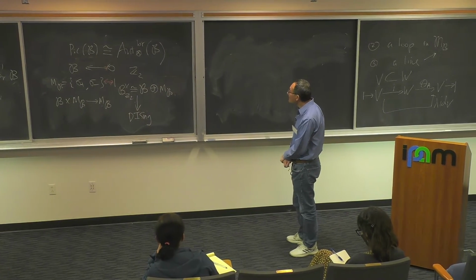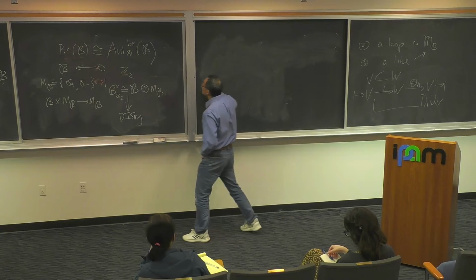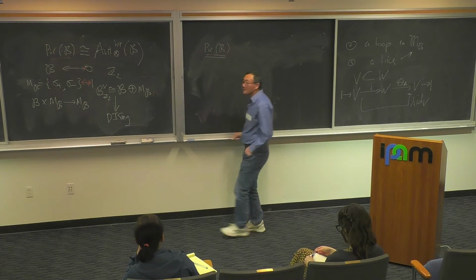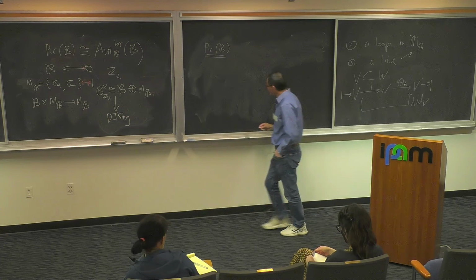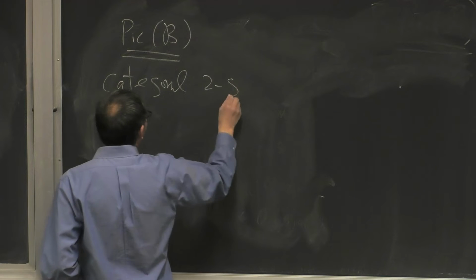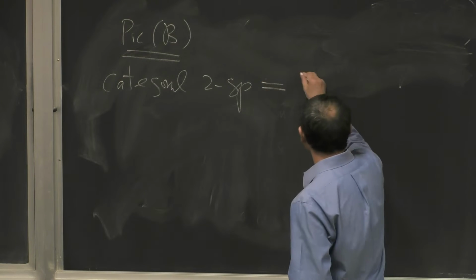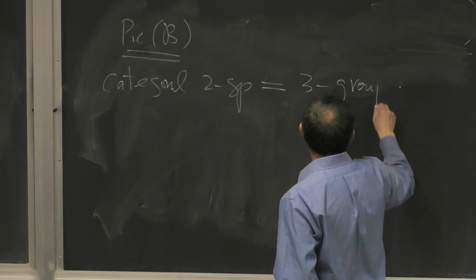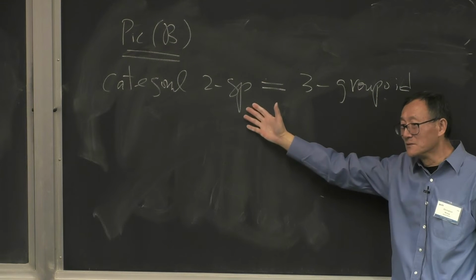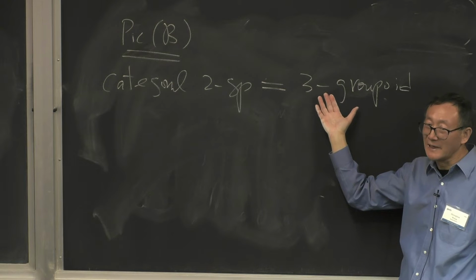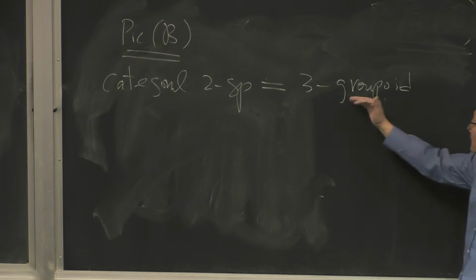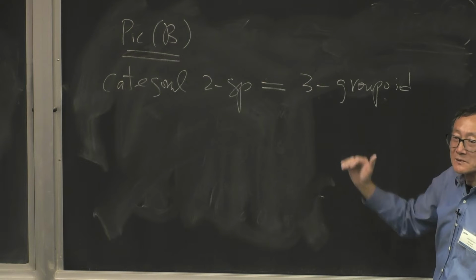The thing I want to say is that this Picard, the two line, means this is a categorical 2-group, which means this is a 3-groupoid. This is a general phenomenon. A categorical n-group is always an (n+1)-category. It's a groupoid, which means every morphism is invertible.